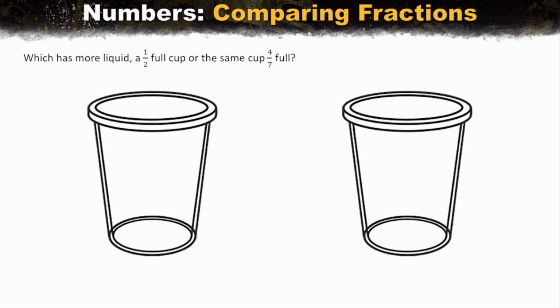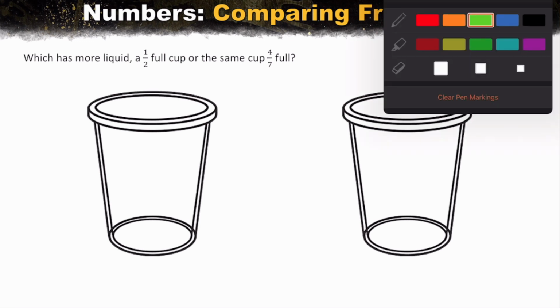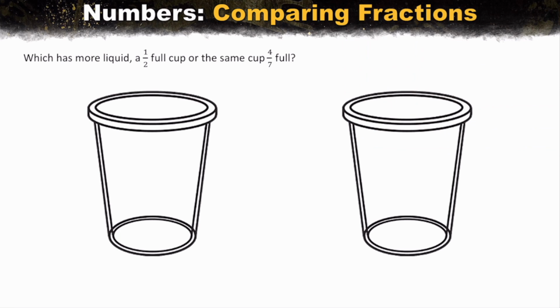So to do this, rather than rely on my drawings, although I could do it, a half full cup we know is, we divide it into 2, and it's that portion just in here. The 7ths, well, we'd need to divide it into 7.